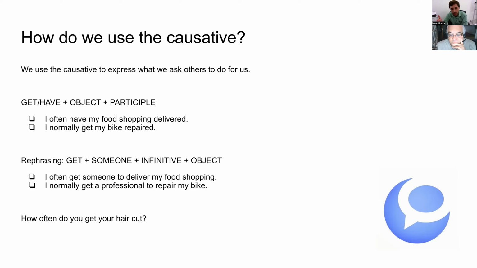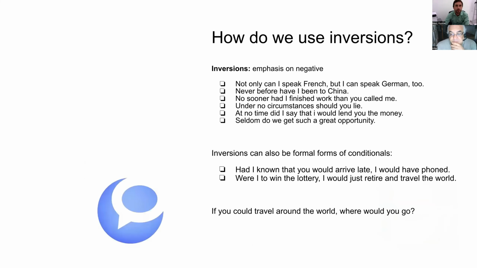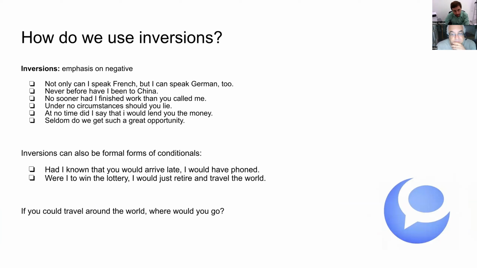Get your hair cut, meaning you pay somebody to cut your hair. You get somebody to cut your hair. What you cannot say is, I cut my hair. Because this means you personally do it. You don't do this action, no? Exactly, exactly. Now, inversions. Inversions are used to emphasize negative meaning.